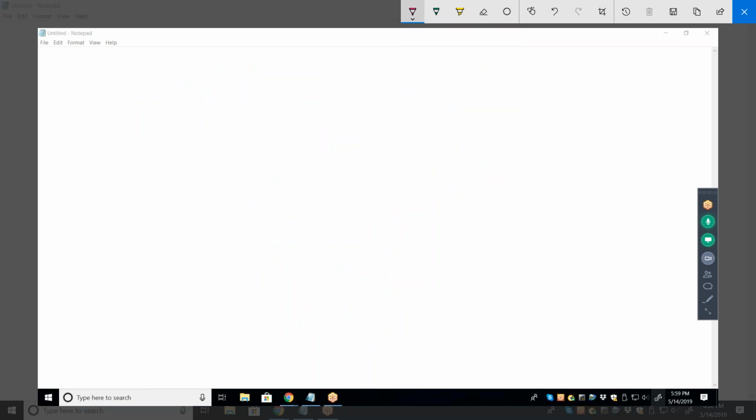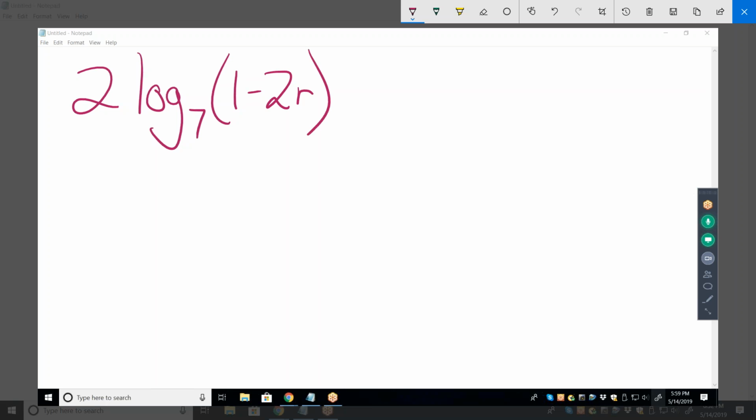Go ahead. What do you got? Okay, so this next one is 2 log base 7 of (1 minus 2r). I call this the argument. If you're looking for terminology to refer to what you're taking the log of, it's called the argument. I don't know if everybody calls it that, but it's helpful to have a name for it. Did I write it correctly or not? There are just no parentheses.